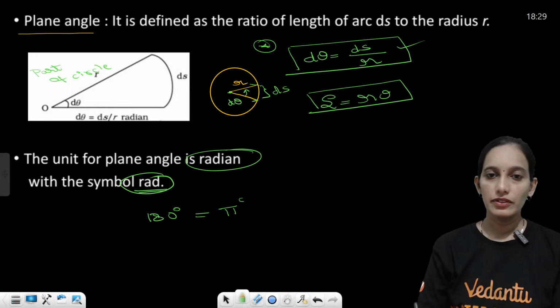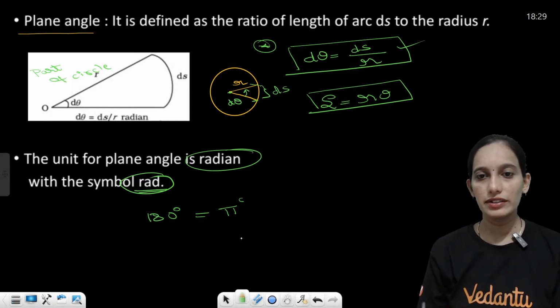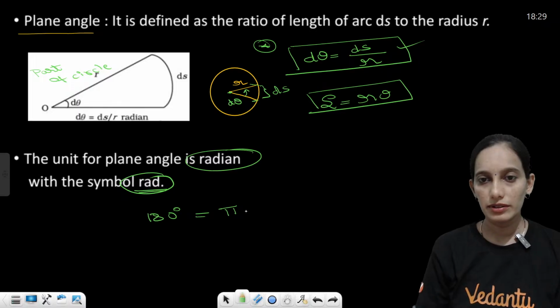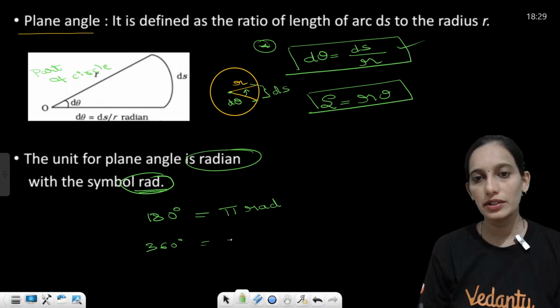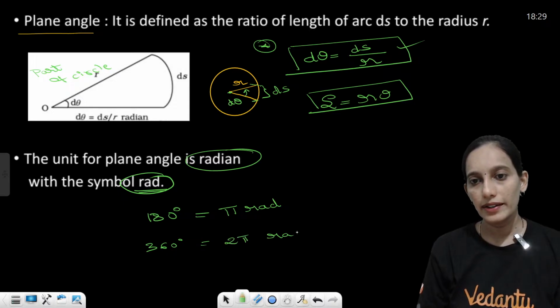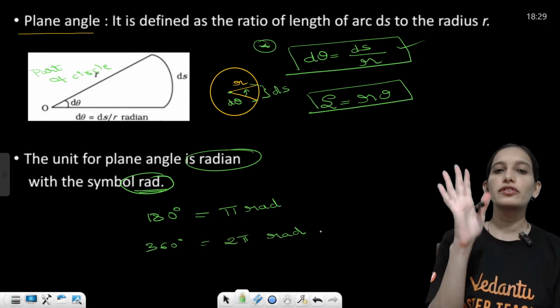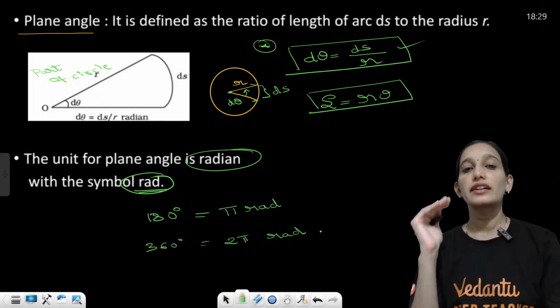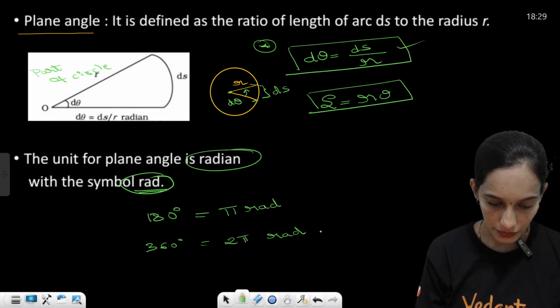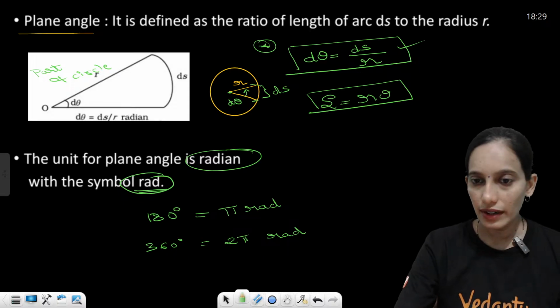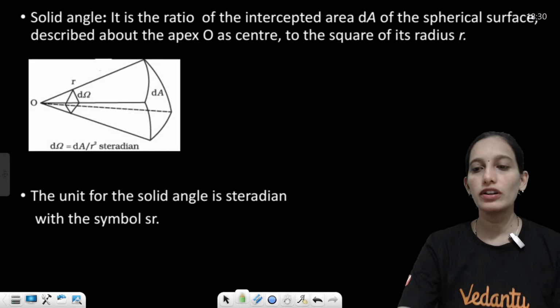So 180 degrees is pi radians, or 360 degrees equals 2 pi radians, because one full circle is 360 degrees, which corresponds to 2 pi radians.